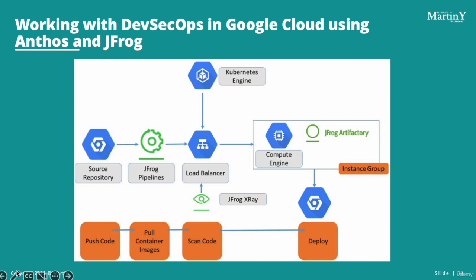Anthos ensures a consistent layer of deploying and managing Kubernetes clusters across the native cloud of the Google Kubernetes Engine and on-premises. This solution is only feasible with Google Cloud, but can also be used on VMware stacks as well as on AWS.